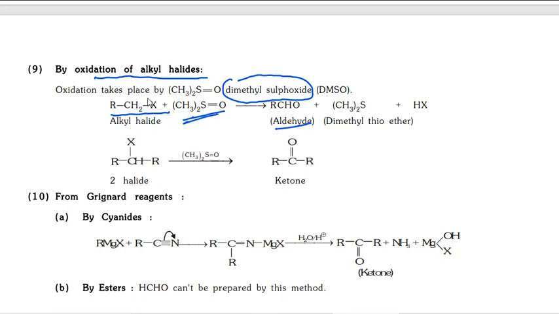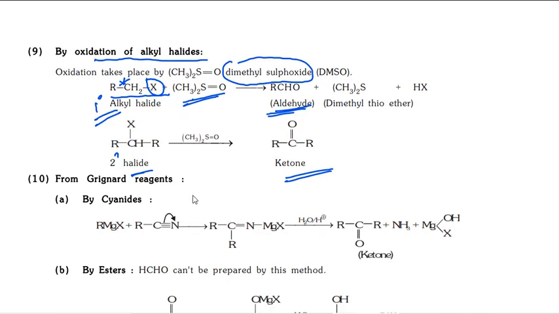So wherever this halogen is attached, that carbon gets oxidized. If primary alkyl halides are there, it produces aldehyde. If secondary alkyl halides are there, it gives ketones. Okay, so what's the mechanism here? Similar to primary alcohol to aldehyde, secondary alcohol to ketones.